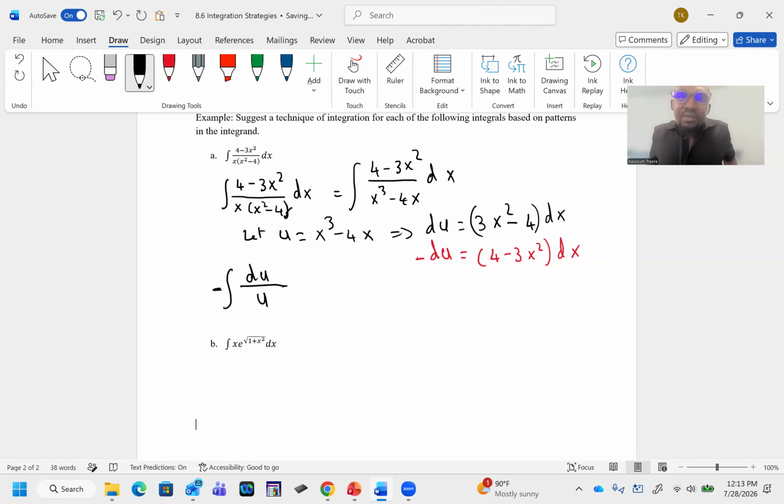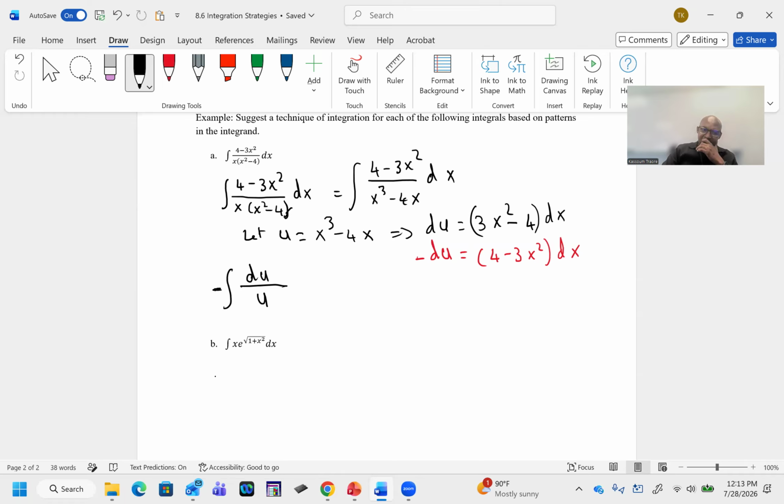So for B, we can see the integrand suggests several techniques, right? The substitution u equals 1 plus x squared looks promising, given du will be 2x dx, and that appears in the integrand, right?